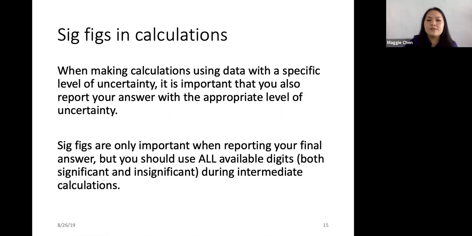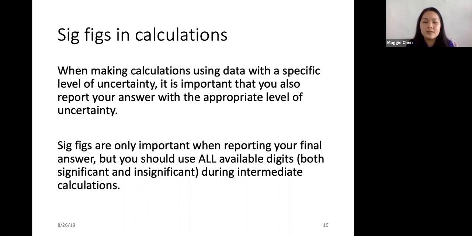So, sig figs and calculations. There are specific rules to sig figs when we do our calculations. With the data we're using, there's a specific level of uncertainty, so you have to report your final answer with the appropriate level of uncertainty. As you're doing your calculations, there probably are going to be more decimal places given to you as you go.